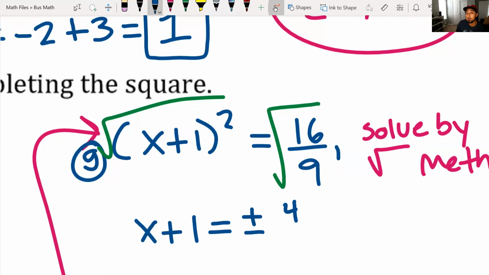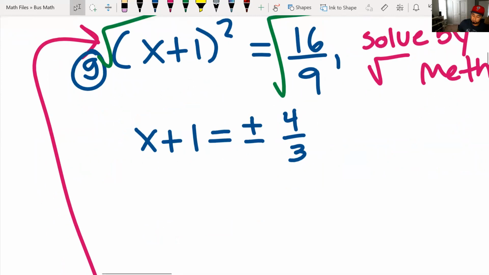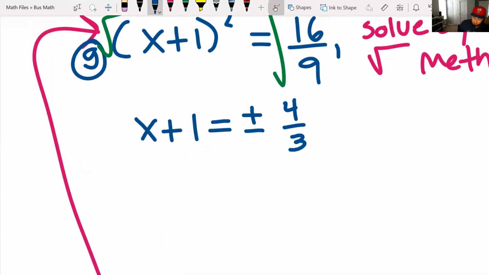That's 4. What is the square root of 9? That is 3. Now move the 1 over, subtract the 1 over, and x equals plus or minus 4/3 minus 1.